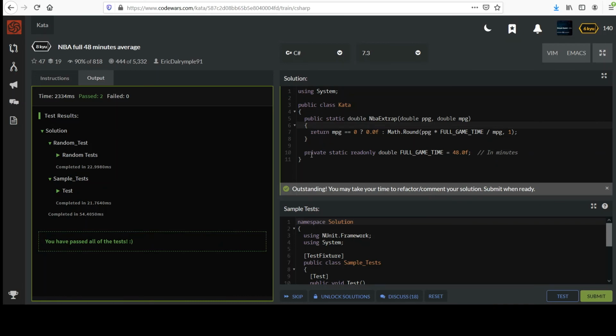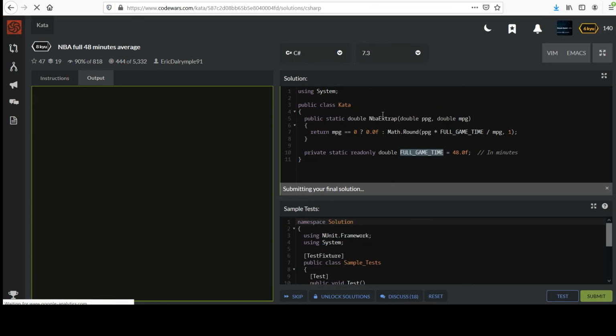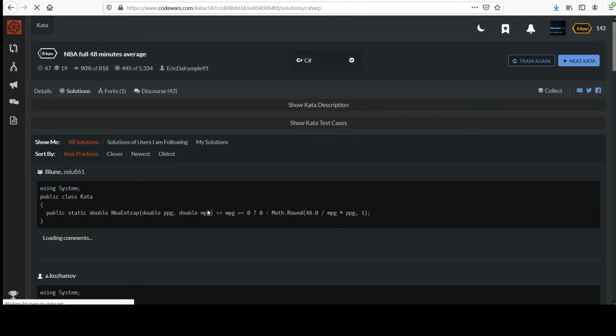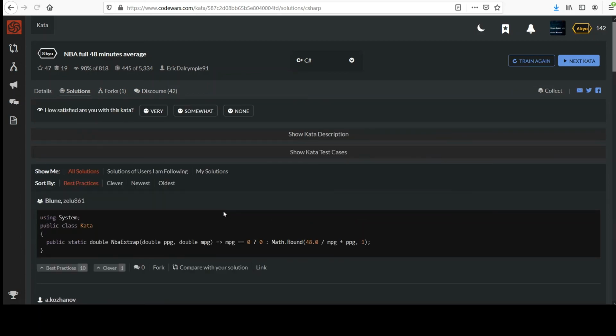If you didn't make this variable here, which probably we won't see when we submit, you can go for your straight up one line kind of thing and just put this all in one line. So I'll go ahead and fire this one off. And we got, yeah, I mean, that's pretty much what we did.